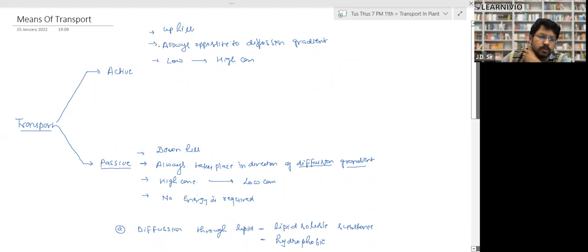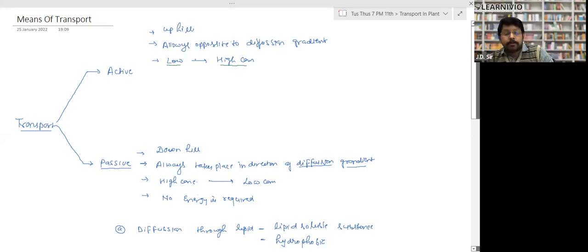In active transport, the movement takes place uphill, that is, against the concentration gradient, opposite to the diffusion gradient. What is opposite to the diffusion gradient? From low to high concentration. So movement of substances takes place from low concentration to high concentration.